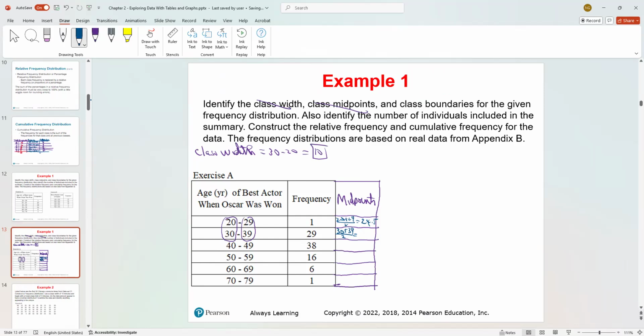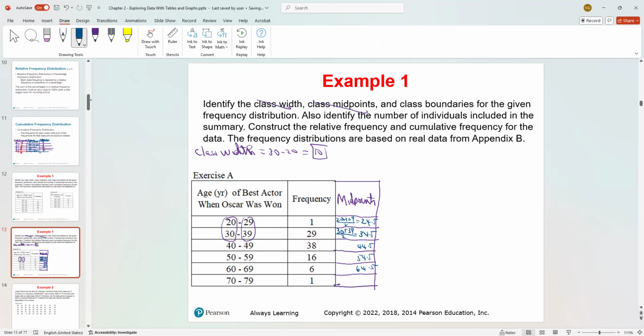If you do 30 plus 39 divided by 2, that makes 34.5. 40 plus 49 divided by 2 would be 44.5. 50 plus 59 divided by 2 will give you 54.5. 60 plus 69 divided by 2 gives you 64.5.